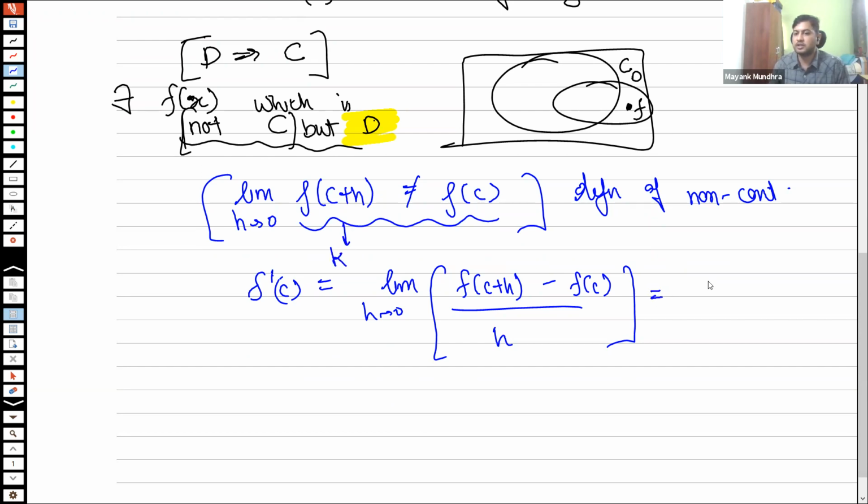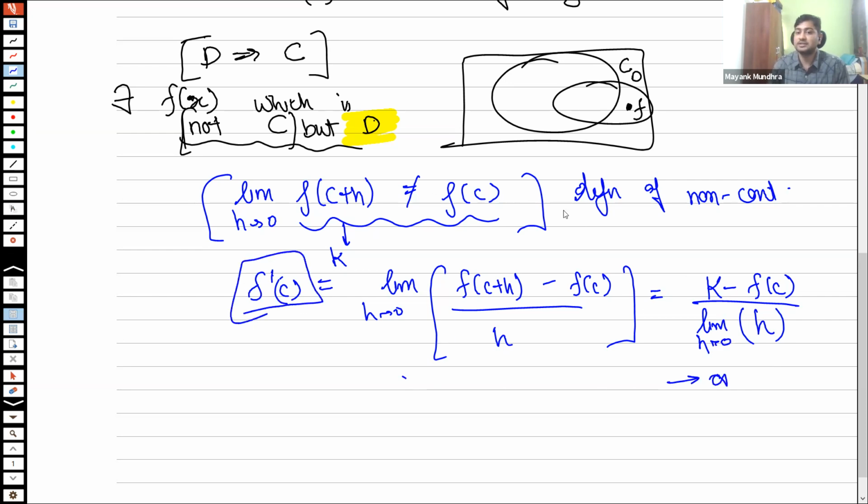So this becomes k minus f of c divided by the limit as h tends to 0 of h. Now the numerator is finite, but the denominator is tending to 0, so this will tend to infinity. So f prime of c does not exist.